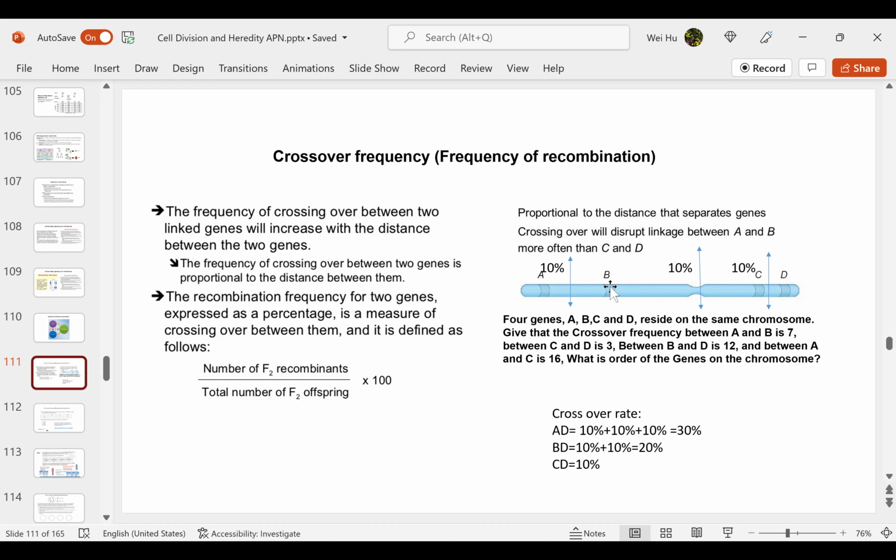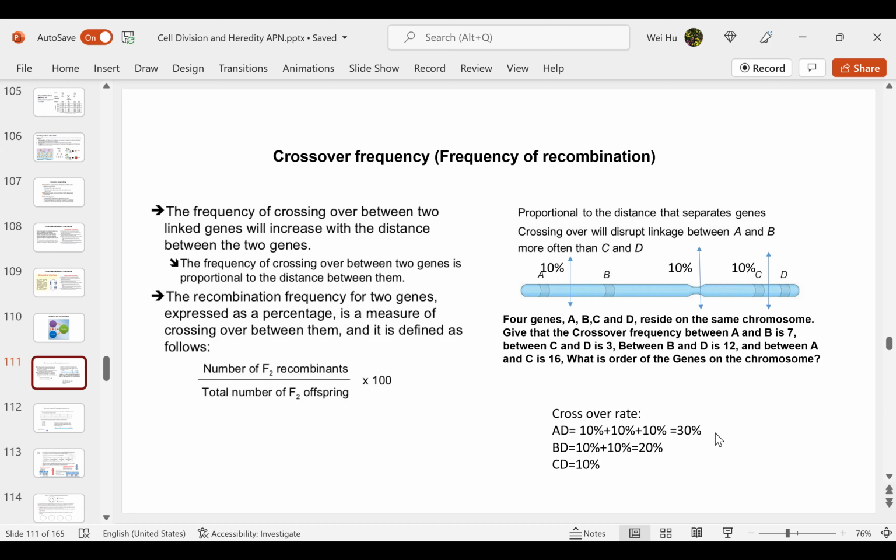But for B and D, you have 20% because you cross over once and a second time. So for B and D, you get 10% plus 10% equal to 20%. So let's look at A and D. For A and D, you get 10, 10, and 10. So then A and D, you get 30%.